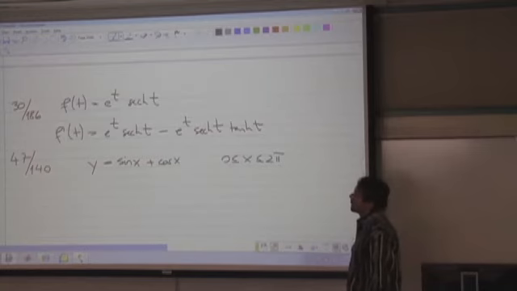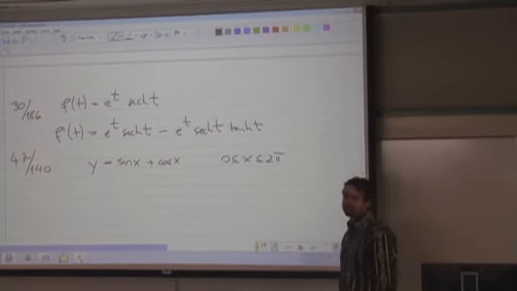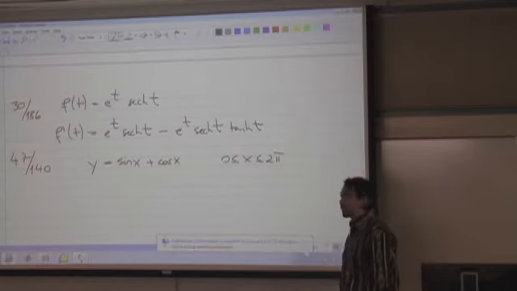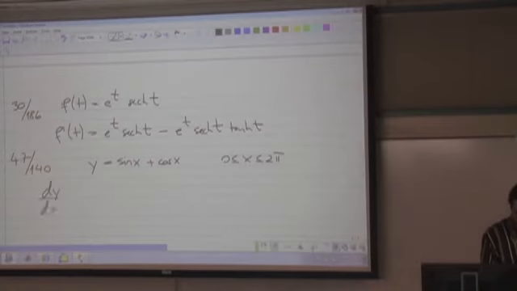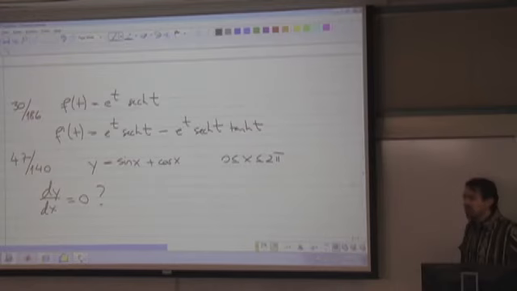What should that tell you that we need to do? Tangent line horizontal means the slope of the tangent line would be 0, which means what we need to find is at which points is the derivative 0. Is that making sense?